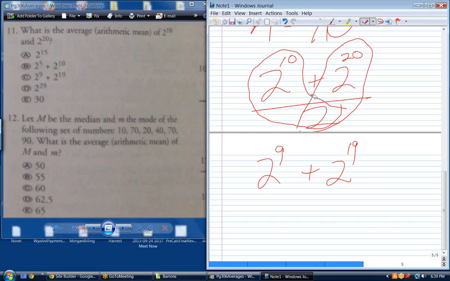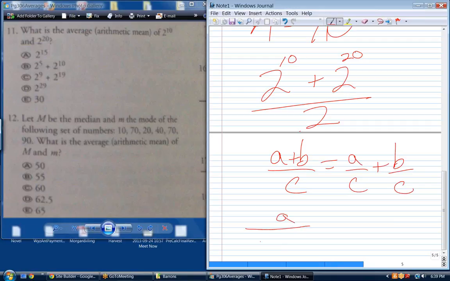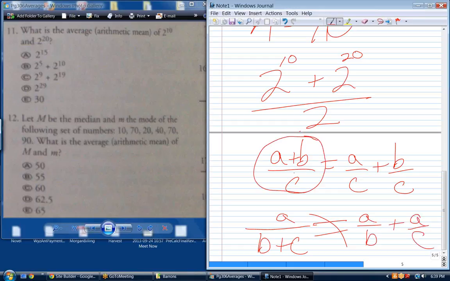Now, it's very important that you don't make the following mistake. A plus B over C is equal to A over C plus B over C. However, A over B plus C is not equal to A over B plus A over C. I can split this up into two fractions because I have a single entity in my denominator.